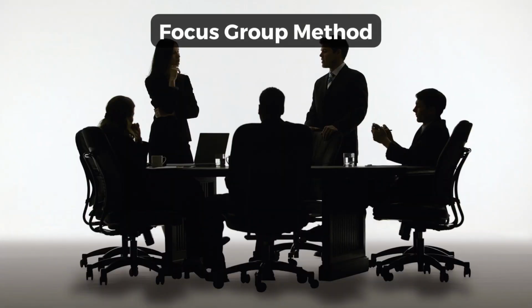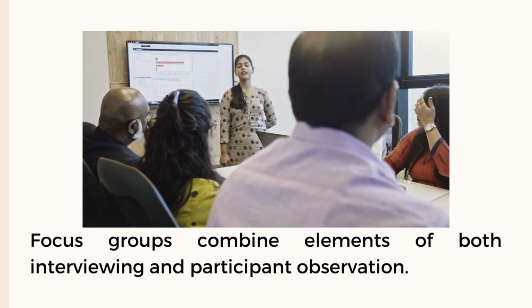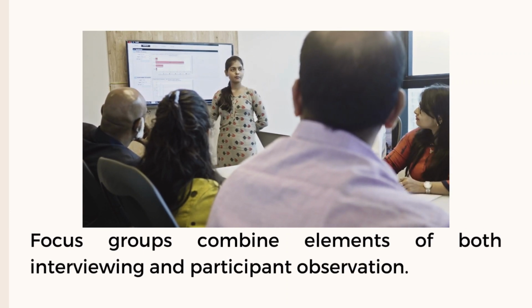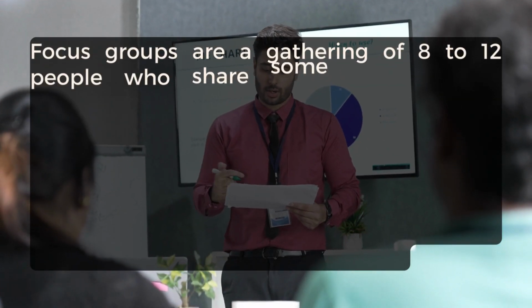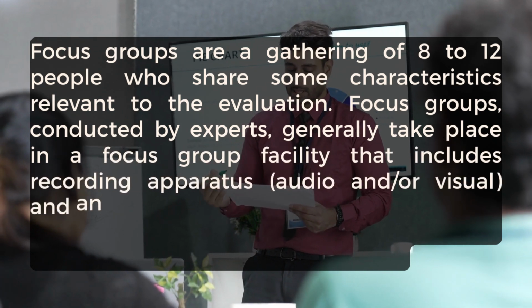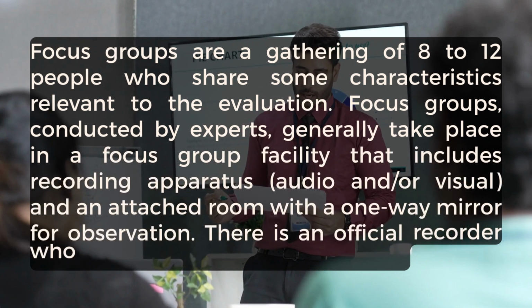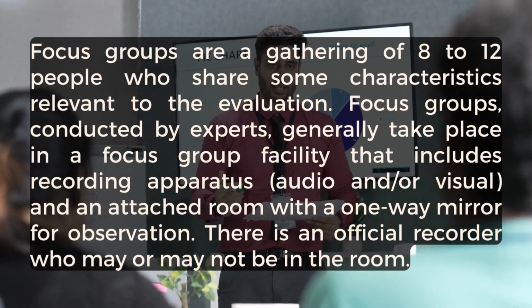Let us now discuss the focus group method of qualitative data collection. Focus group combines elements of both interviewing and participant observation. Focus groups are a gathering of around 8 to 12 people who share some characteristics which are relevant to the evaluation.